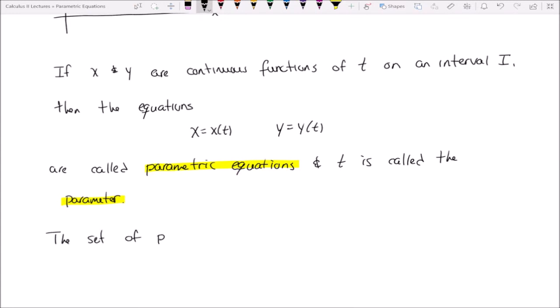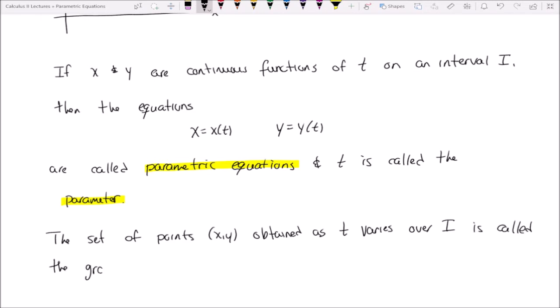The set of points (x, y) obtained as t varies over our interval is called the graph of the parametric equations.